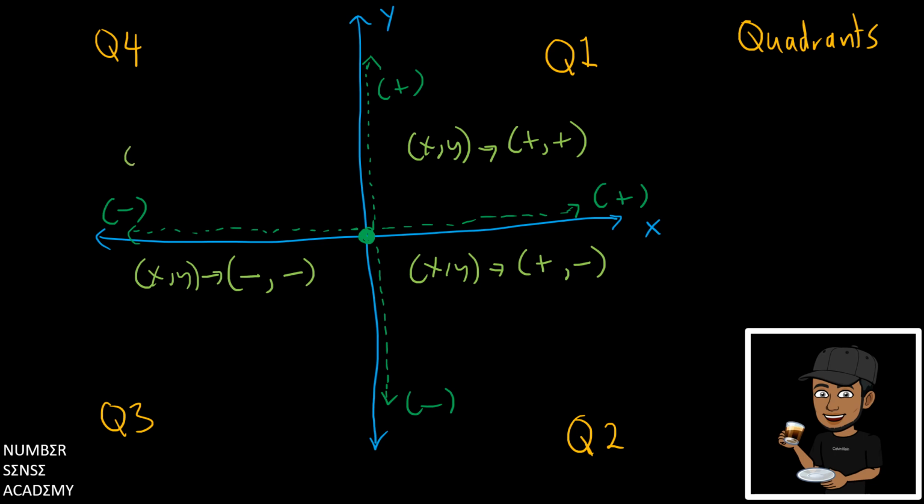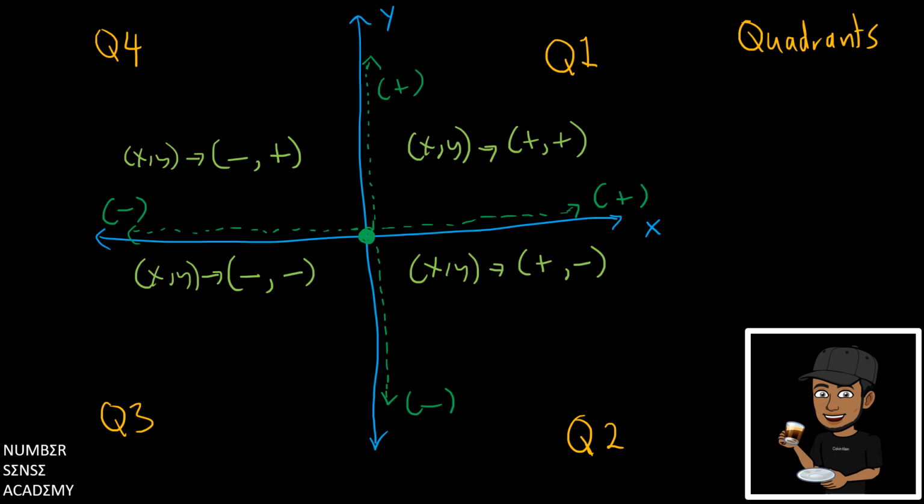And then in quadrant 4, the x values are negative, and the y values are positive. Right? So if you're given a coordinate, before you even attempt or draw out the graph and determine where you're going to label it, you should already picture in your mind where this lies.